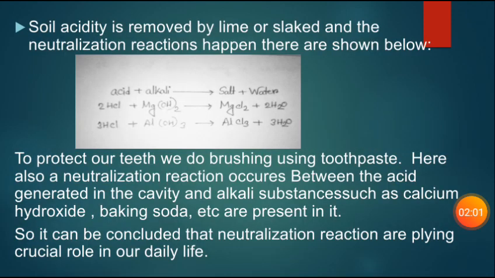Soil acidity is removed by lime or slaked lime, and the neutralization reactions that happen are shown below. 2 hydrochloric acid plus magnesium hydroxide produce magnesium chloride, that is salt, and water, and then hydrochloric acid plus aluminum hydroxide produce aluminum chloride, that is salt, and water.